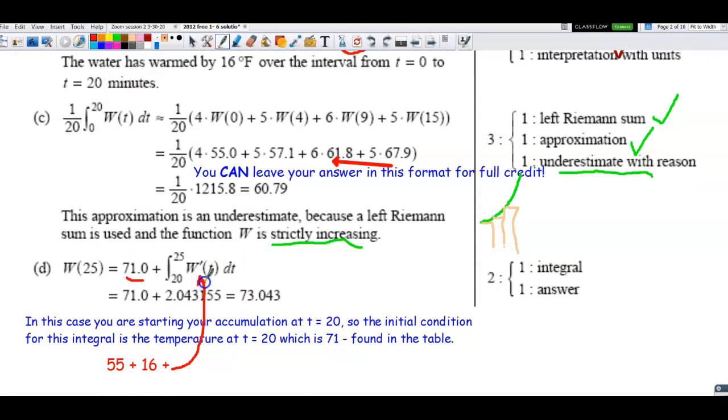And remember, this is coming off your calculator, so you're going to evaluate that integral with your calculator. So you get 1 point for the integral, and the integral that they're talking about is this integral right here. That's 1 point if you wrote that integral, and then 1 point for the correct final answer.